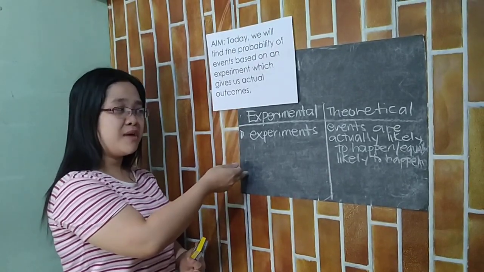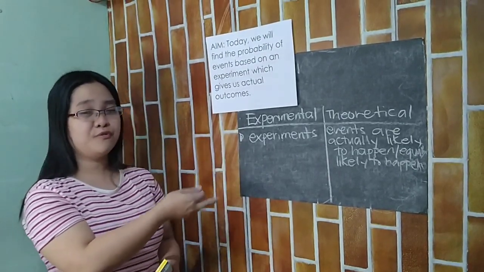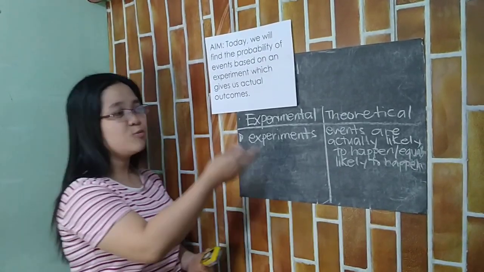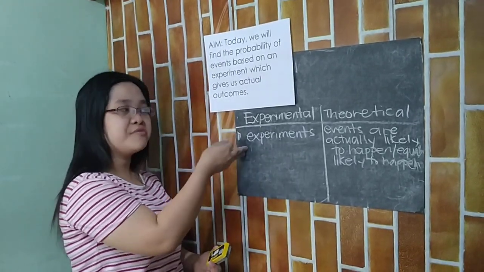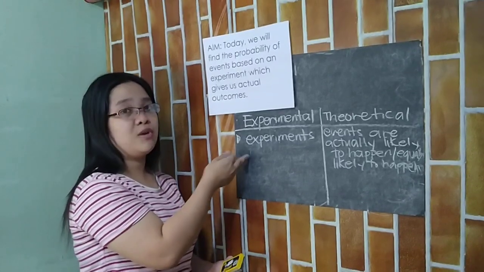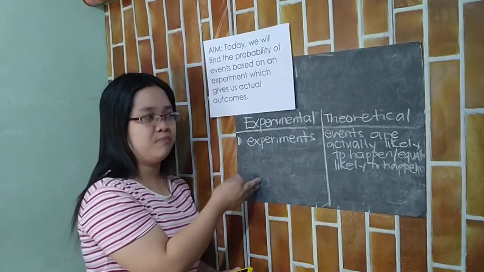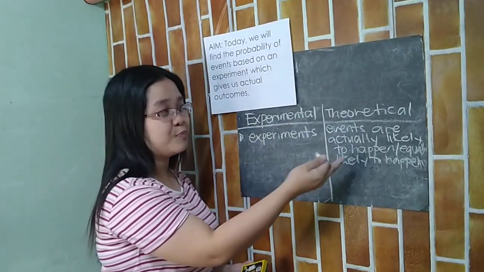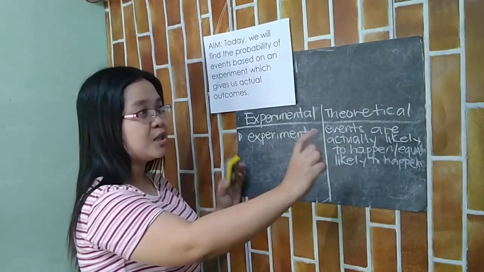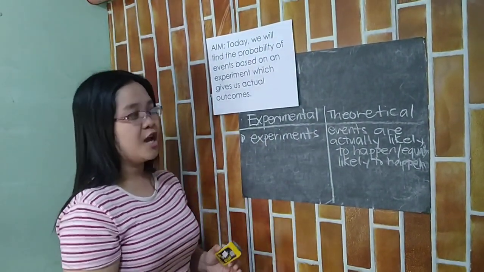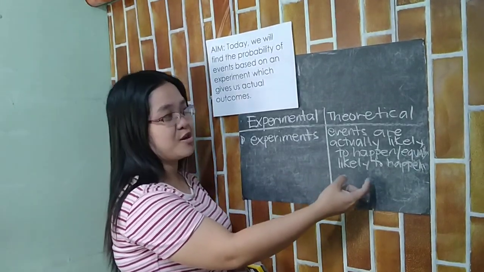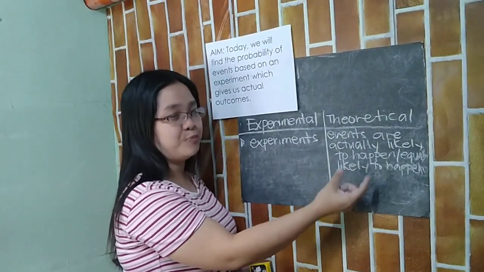However, on the experimental, it is just based on the result of your experiments. That's why people conducting the same experiments may arrive at different results when it comes to experimental probability. But in theoretical probability, if there's a given, there should be a specific answer only, because we don't have to conduct experiments on theoretical probability.